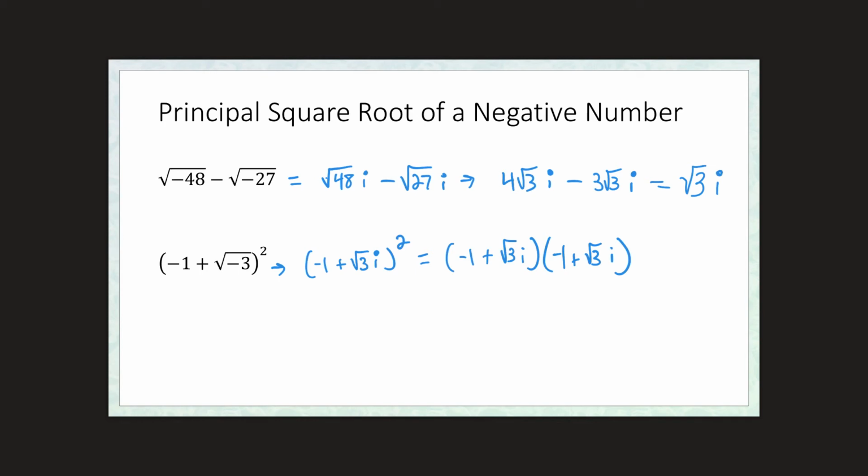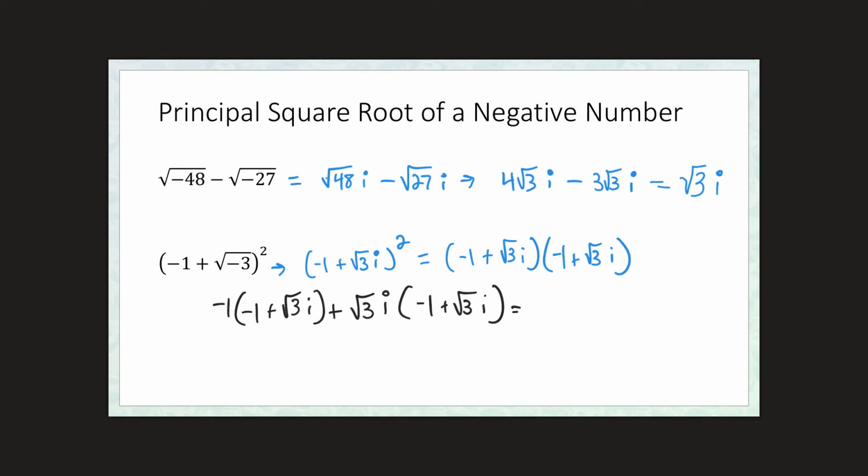So you write it out, and now we have to end up distributing a whole bunch. And that's great. I love distributing. All right, I'm going to start on the next line. So negative 1 times negative 1 plus the square root of 3i, plus the square root of 3i times negative 1 plus the square root of 3i. Okay, we do a little distribution here.